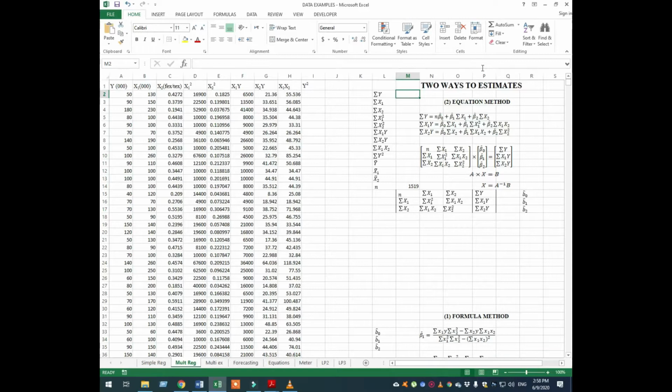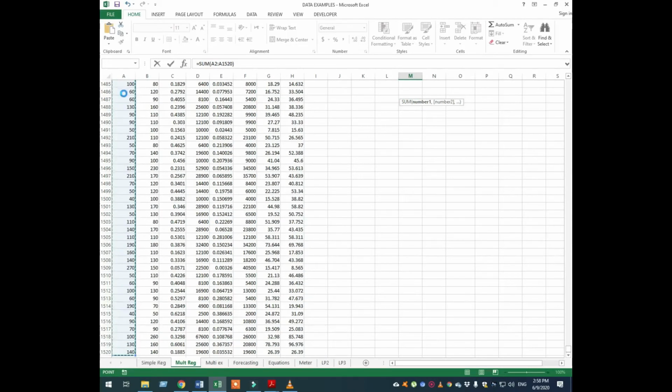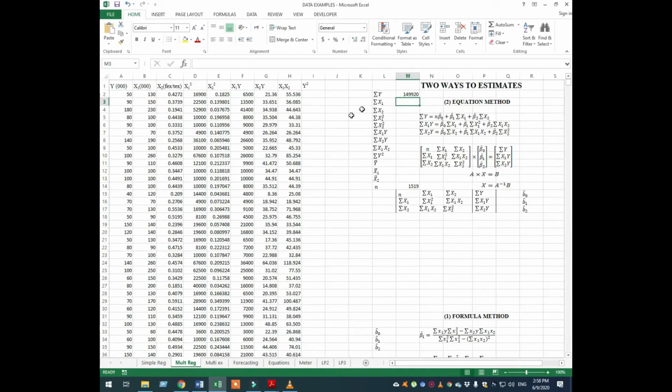How it is being done: I'm clicking on the auto sum, and it is now asking me what kind of sum we are needing. So here I'm clicking on the first cell of y and shift and arrow down, and with the enter I'll be having the sum of y, and with the same process I'll be adding all these cells as well.